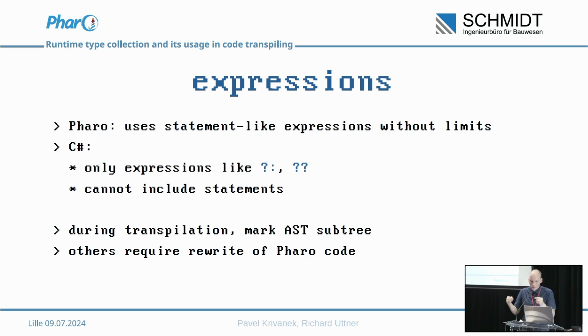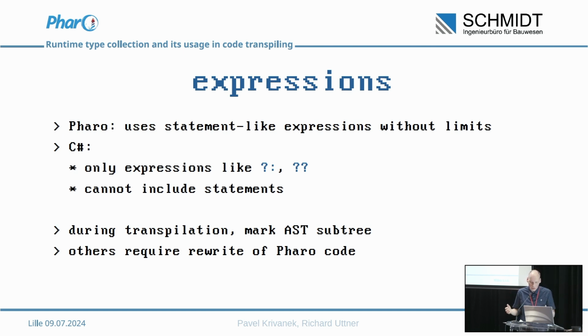So when we are transpiling, we are actually marking the AST, the AST subtree, and say you cannot use statements inside. And when you have code that doesn't pass, of course, then you need to modify it as well. So we are not able to transpile Pharo code as it is.